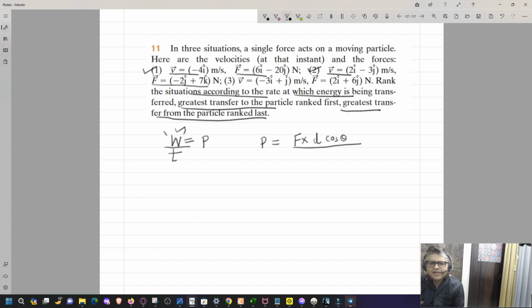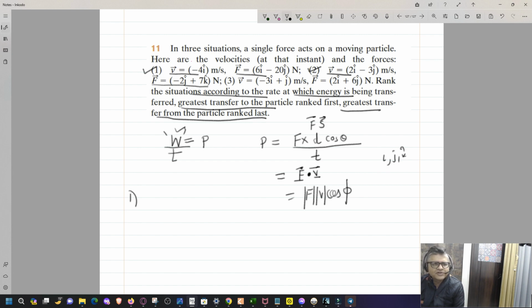This is F dot S divided by time, and you can convert this whole thing into F dot V. So if I write it as modulus of F into modulus of V into cos of the angle between the force vector and the velocity vector. In the given question, the approach is we will take the dot products of vectors because the vectors are given in I, J, K notation. I think there is no K, there's only I and J, so it's a 2-dimensional problem.